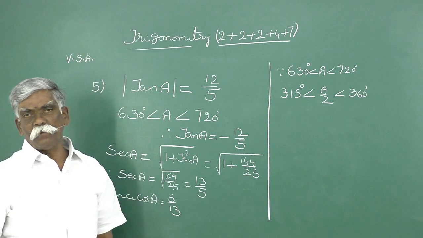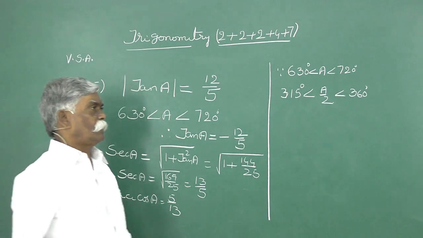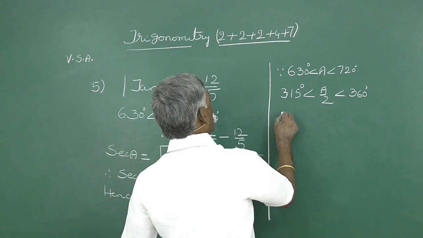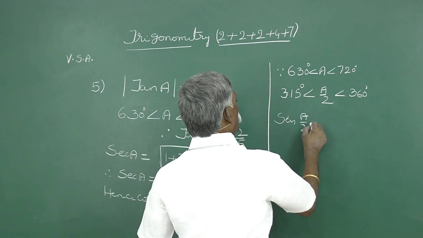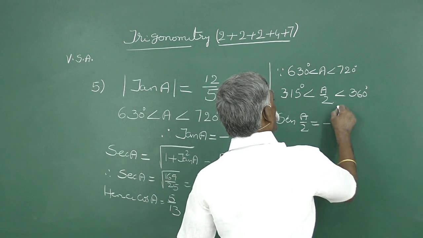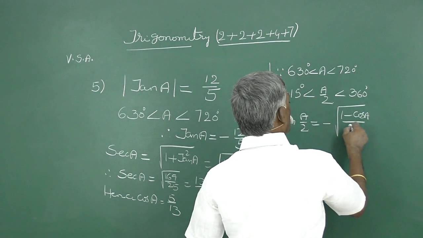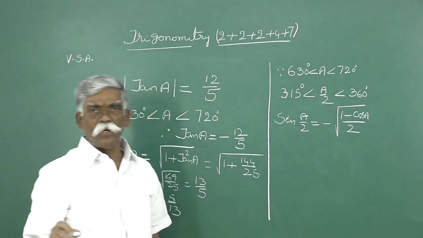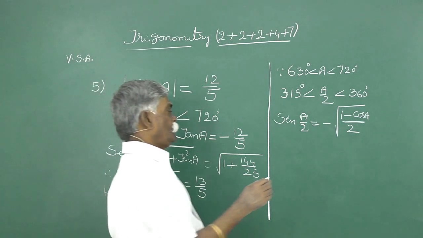So therefore A by 2 is also in the fourth quadrant. Now sin A by 2. In the fourth quadrant, sin A by 2 is negative. Therefore, we have to take the negative value of root of (1 minus cos A) by 2. Because sin A by 2 is equal to square root of (1 minus cos A) whole by 2.